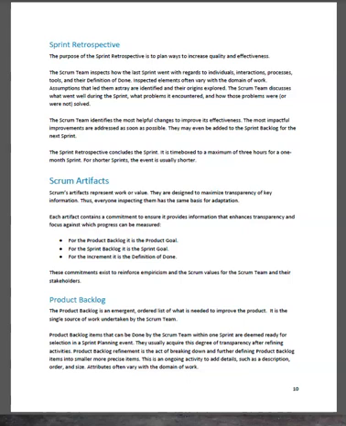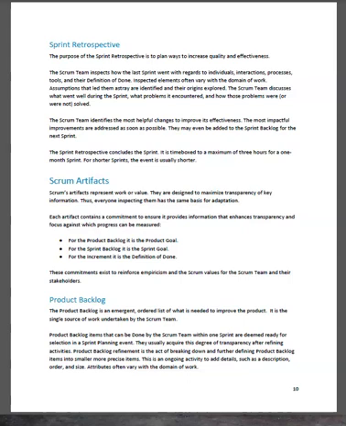For the product backlog, it is the product goal. For the sprint backlog, it is the sprint goal. For the increment, it is the definition of done. These commitments exist to reinforce empiricism and the Scrum values for the Scrum team and their stakeholders.